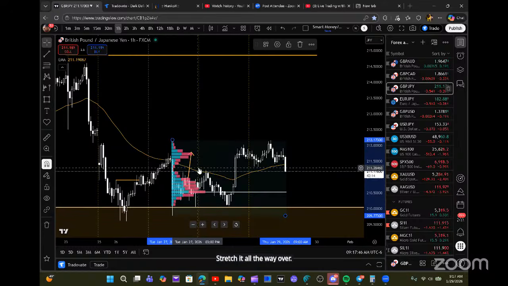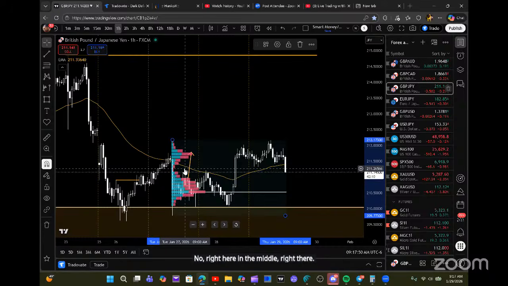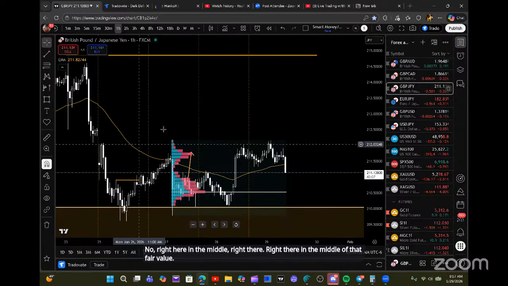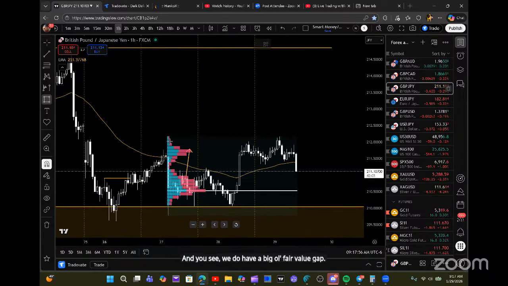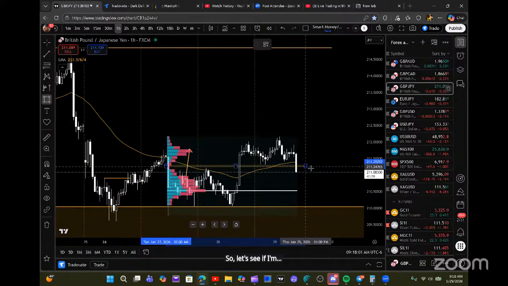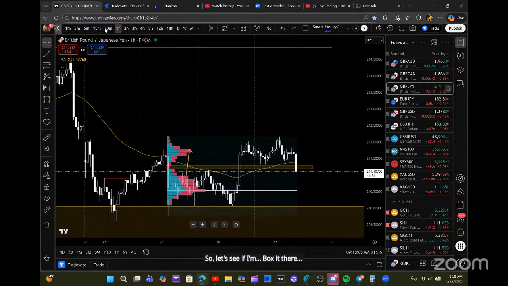All right. So we got a low volume node right here in the middle of that fair value. And you see we do have a big old fair value gap. So let's see if I box it there. All right. Let's see, 30 minutes.